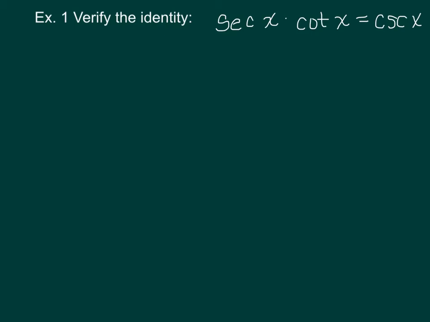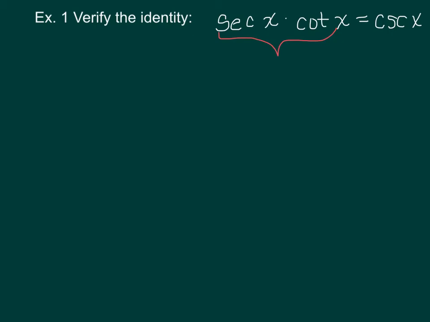So this first example, we're trying to show that one side equals the other. And when I said use the more complicated side, the left side seems more complicated than the right. So we're going to show that the left side equals the right. So I know that secant is the reciprocal of cosine.